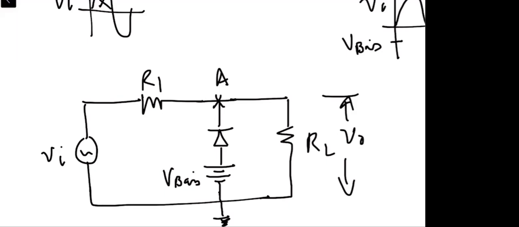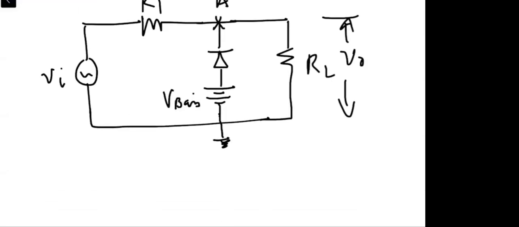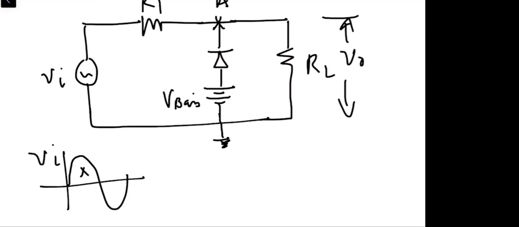Now, what will happen? Again, when the positive half cycle comes, what will happen? So we say that we have the positive cycle here.